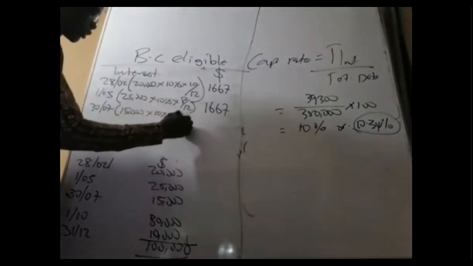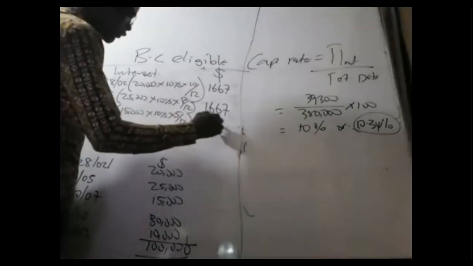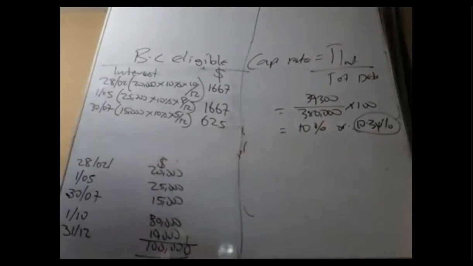So 1,500 times 5, all divided by 12. That's 625. I get that. So 625, that's perfect.